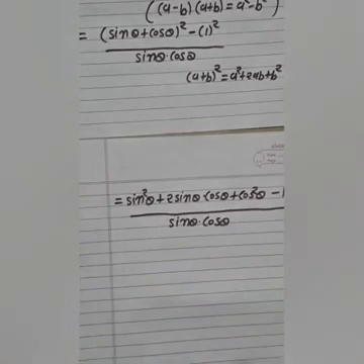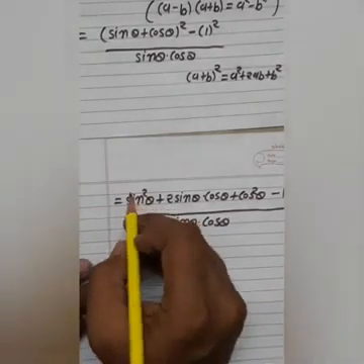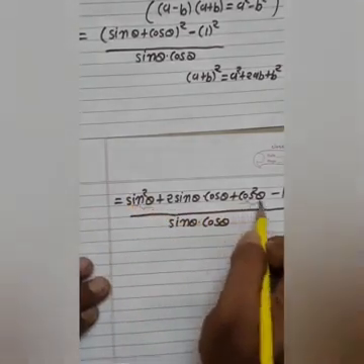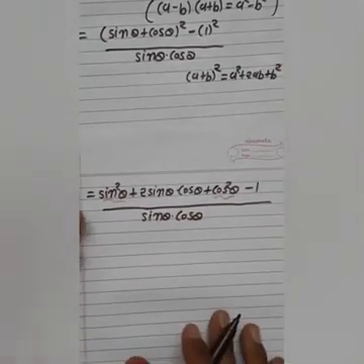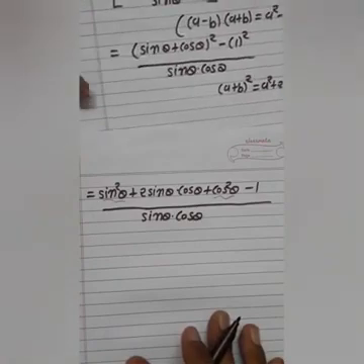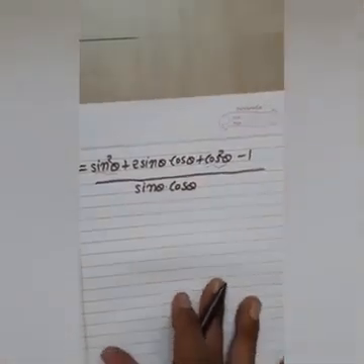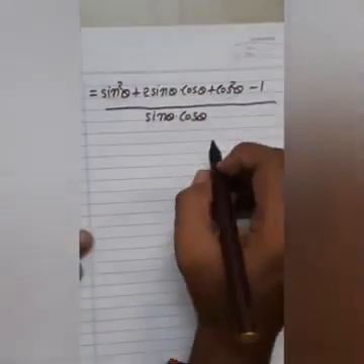Now again here sin square theta plus cos square theta is present, and we know one identity: sin square theta plus cos square theta is equal to 1.